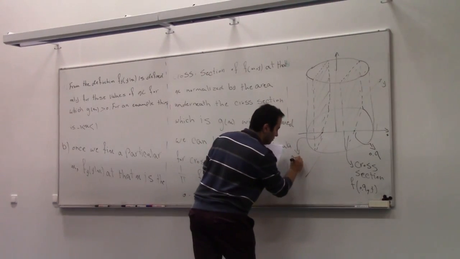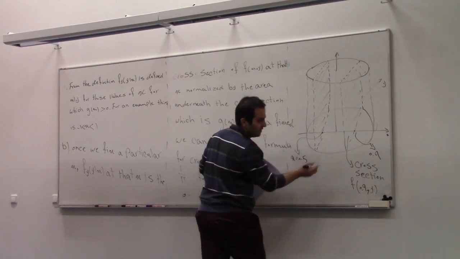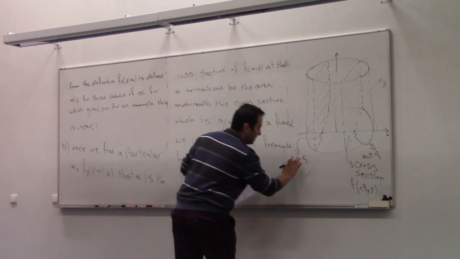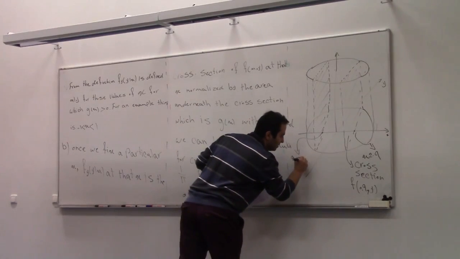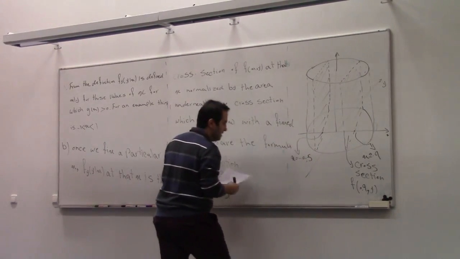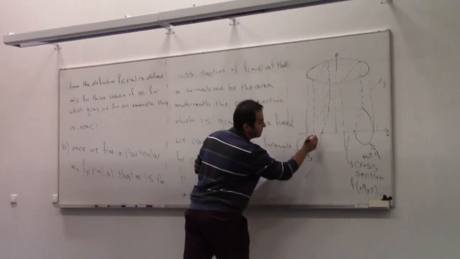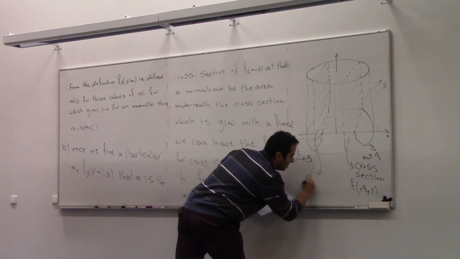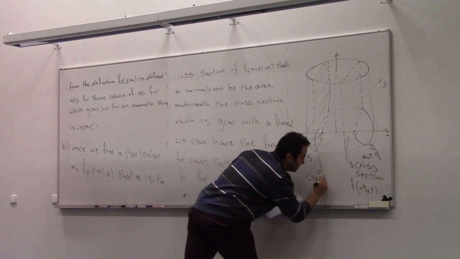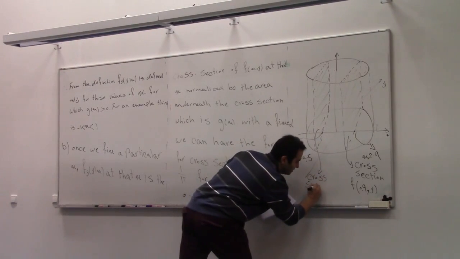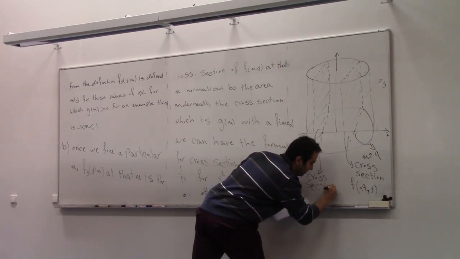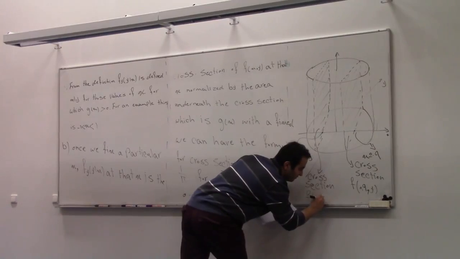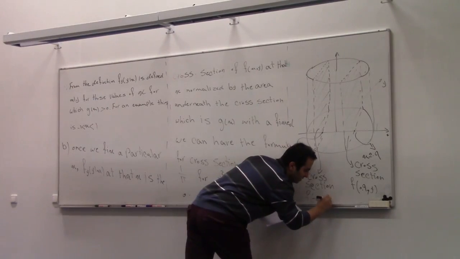Here x is equal to 0.5, and also x was 0.9, x is minus 0.5. Then from this area, the cross section F of minus 0.5 and y.